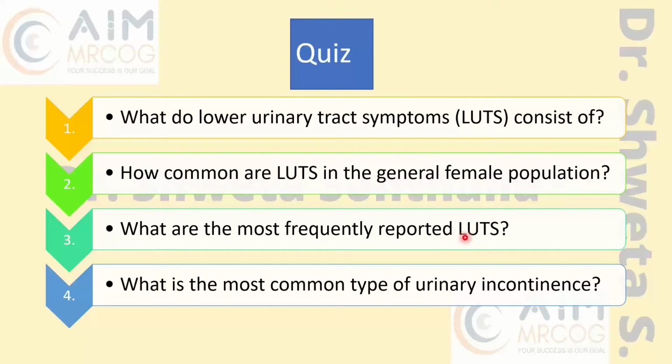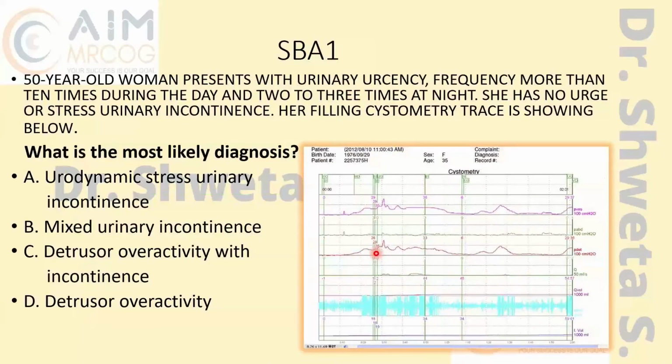Is it storage, voiding, or post-micturition? Storage. Very good. What is the most common type of incontinence? Stress, mixed, or urge? Stress. Very good. So see how you can understand all the things now in your mind that are asked in your exam. Very good, Dr. Krupa.